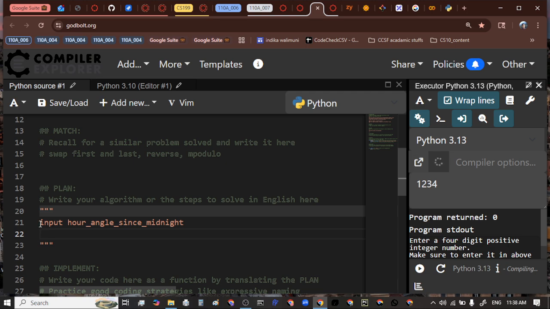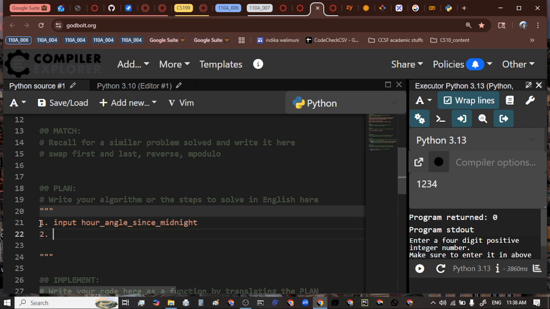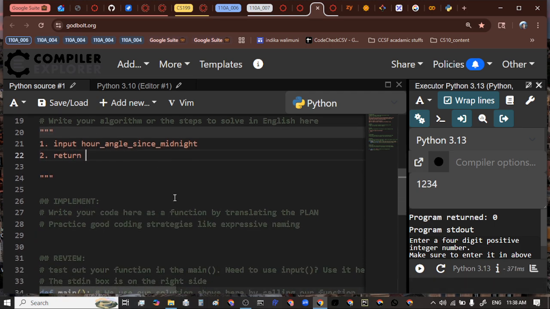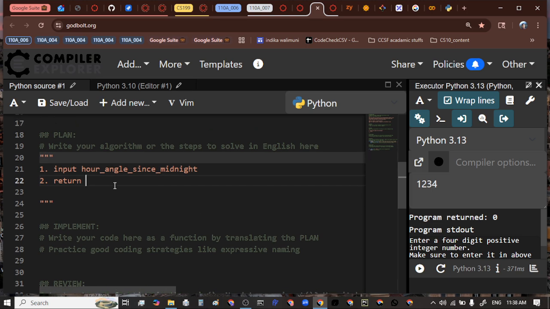Step 1, step 2: return this value, modulo 30, sorry, and times the whole thing times 12.